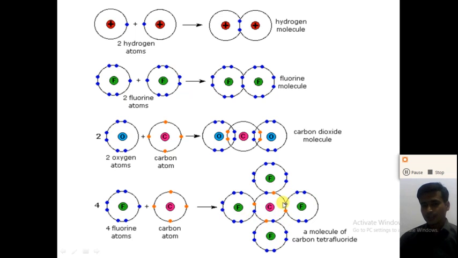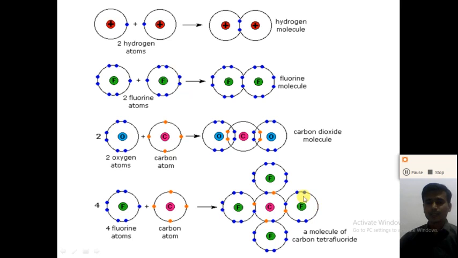So here in the electron dot structure, 1 electron of the carbon atom and 1 electron of the fluorine atom make a bond. Similarly, all the 4 fluorine atoms make covalent bonds with the 4 electrons of the carbon atom, and similarly carbon tetrafluoride, CF4, forms, right?